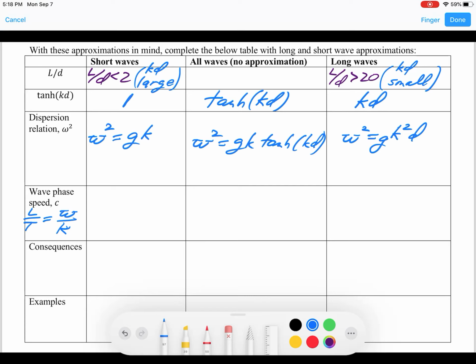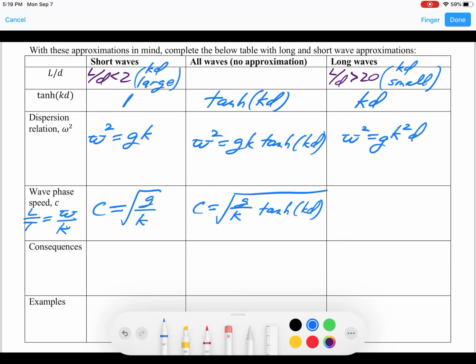So we can take the dispersion relation, divide both sides by K squared, and then take the square root, in which case for short waves, we would get that the phase speed is equal to the square root of G over K. For all waves, it is just omega squared divided by K squared square rooted, in which case C is equal to the square root of G over K times the hyperbolic tangent of KD.